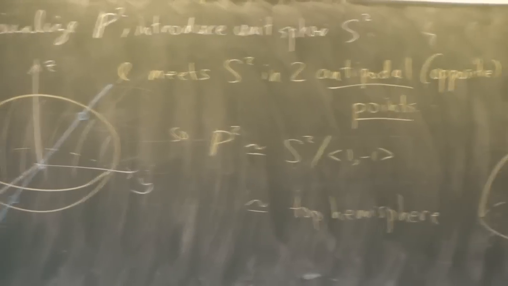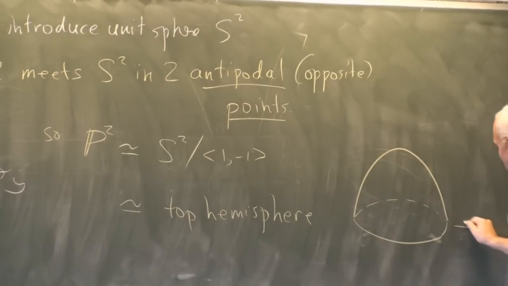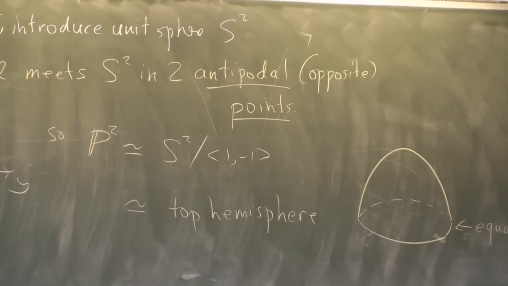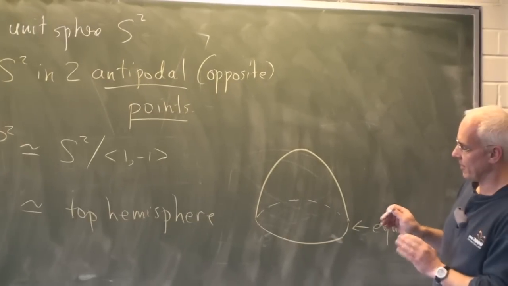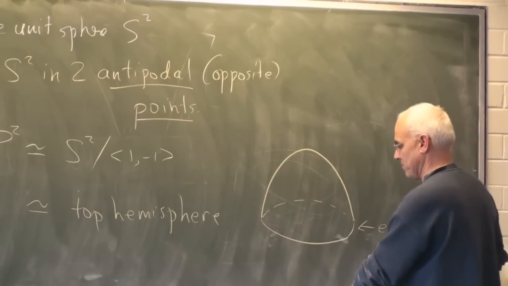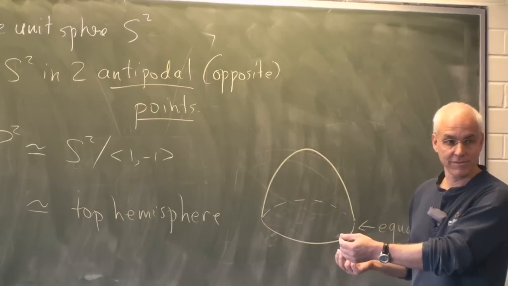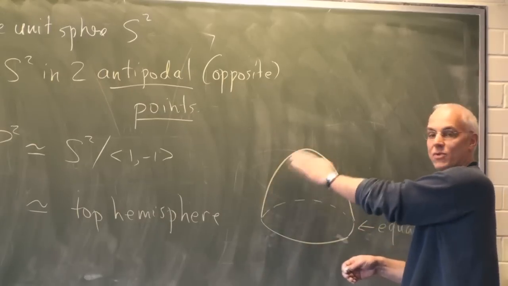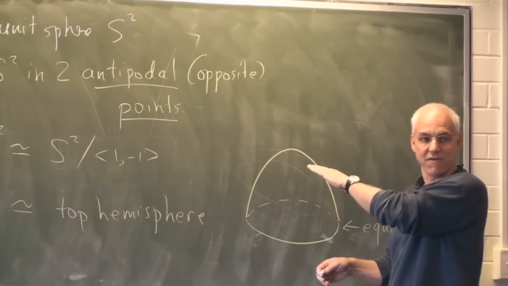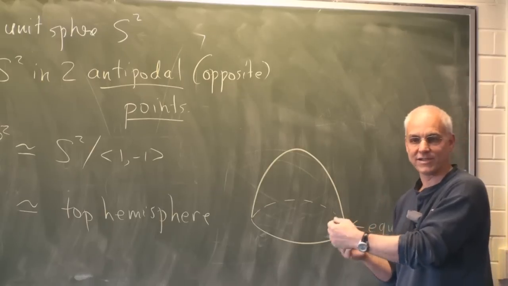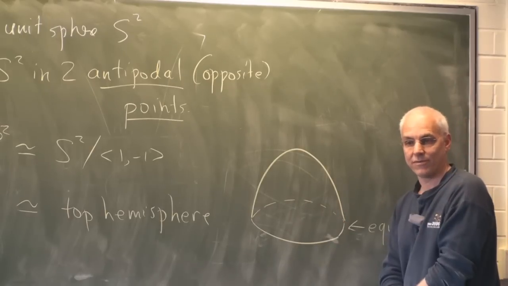Here's the top hemisphere with the equator down at the bottom. What do we have to do to make this into the projective plane? We still have to identify opposite points. Now we've taken care of all the points which are strictly above, but we haven't taken care of the opposite points on the equator itself.